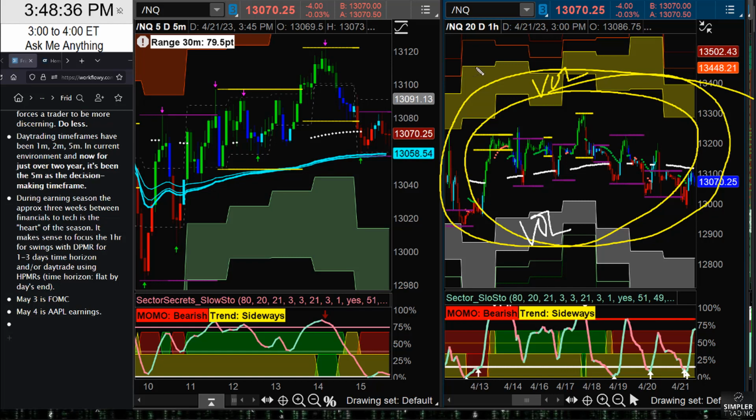Okay. And then if you're dealing with chop, say on a 1 hour chart of the NASDAQ, and you see these yellow zones on the multi, then that means you can take a look at the slow stochastic and find when we are overbought or oversold, right? But take a look. Since the 13th, and a signal on the slow stochastic does not mean it's a trade, but since the 13th, we've had 1, 2, 3, 4, 5, 6, 7 opportunities.